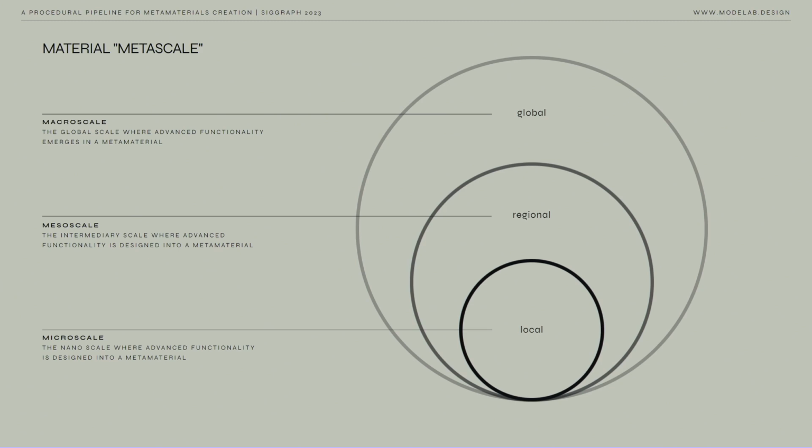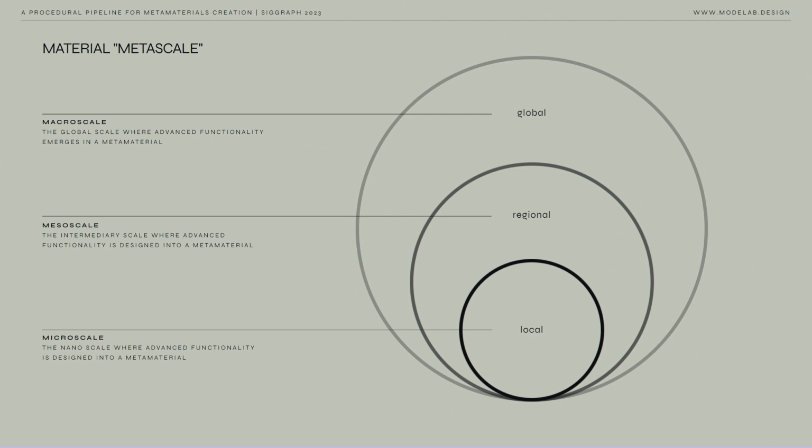And taking a conventional material and structuring it on the metascale in the form of a cell, as we saw in the last slide, allows us to build structured metamaterials that are designed to move beyond the restrictions of conventional materials. And so at the micro scale, advanced functionality is designed into the structure of the material itself.